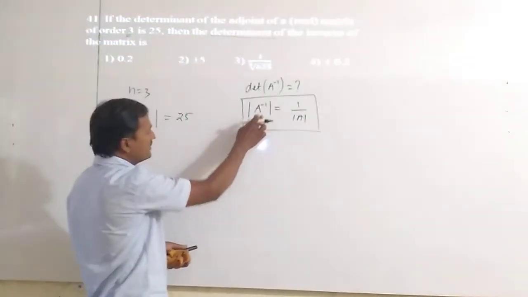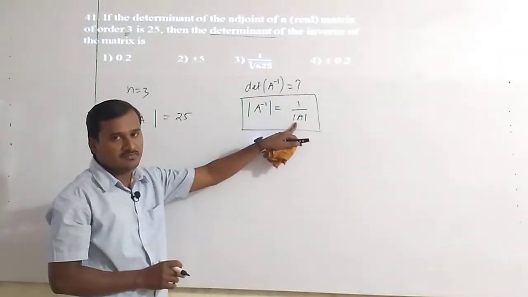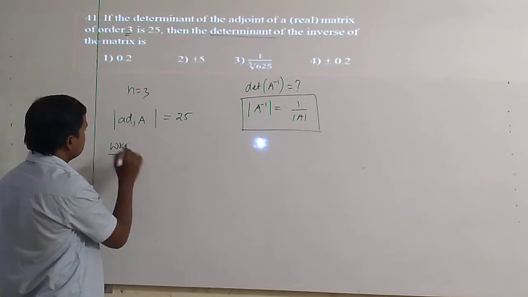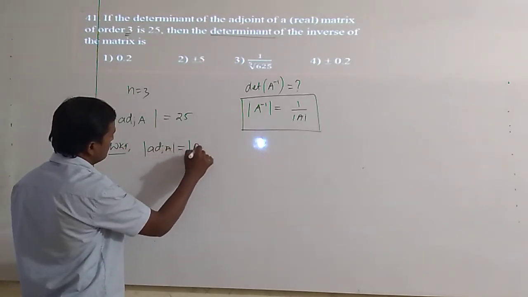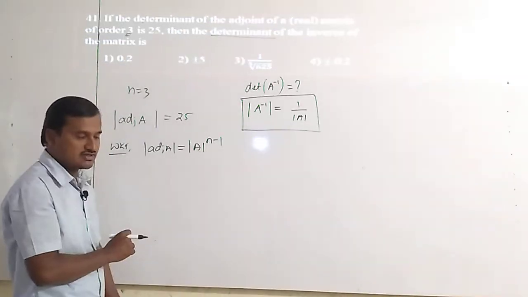To find the determinant of A inverse, first we want the value of determinant of A. For this we have the formula: determinant of adjoint of A is equal to determinant of A raised to n minus 1. This is the standard result.